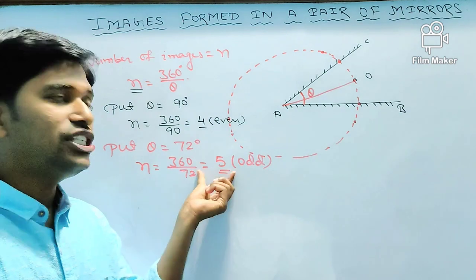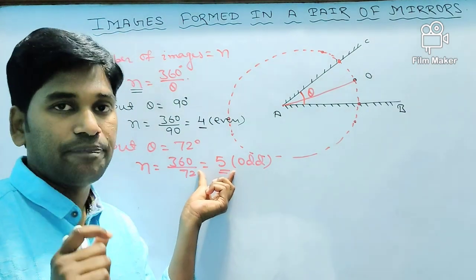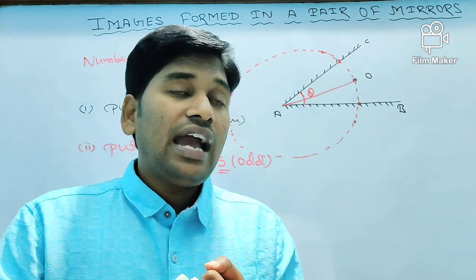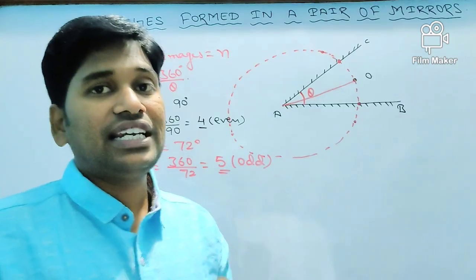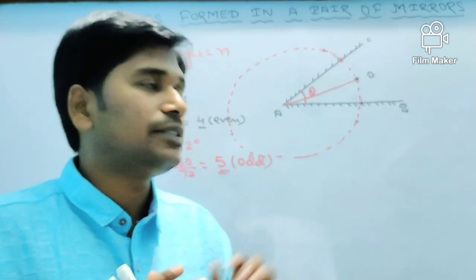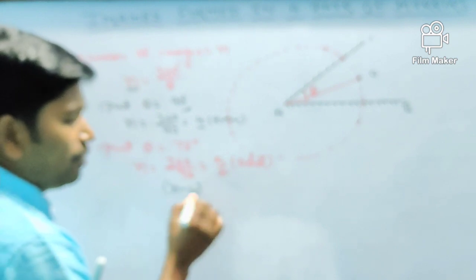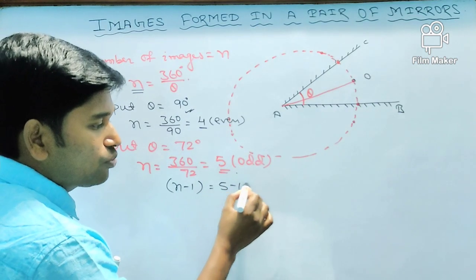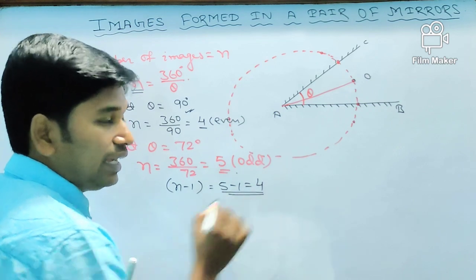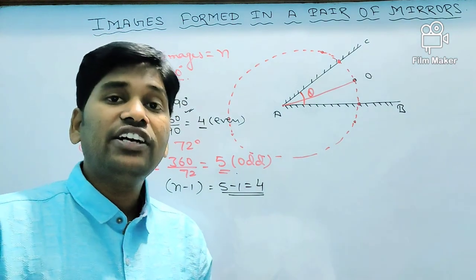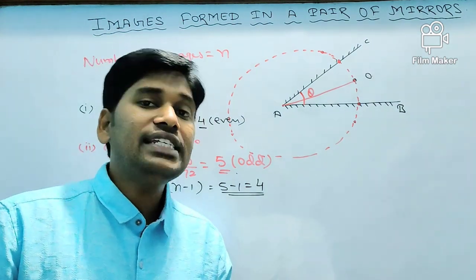But if the object is placed at the bisector of this angle, then the number of images formed will again follow the first case, that is n minus 1, means it will be 5 minus 1, which is equal to 4. Children, why is it happening?